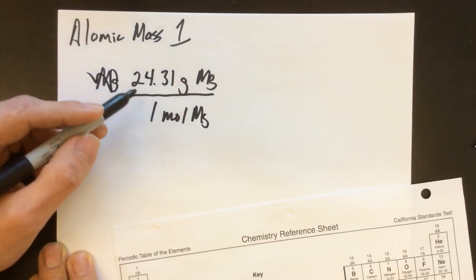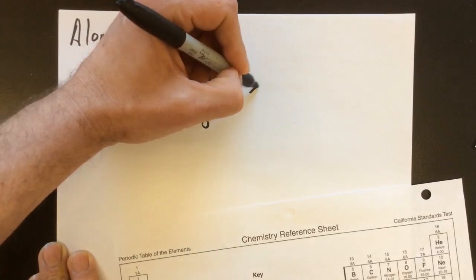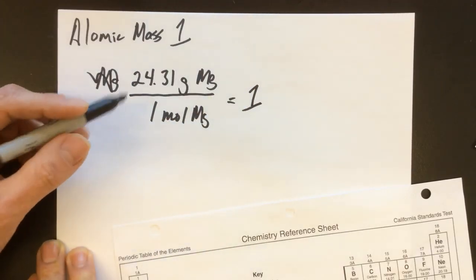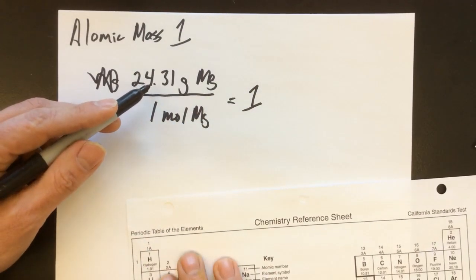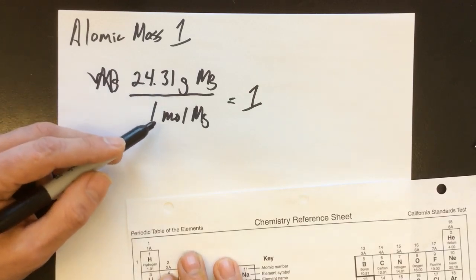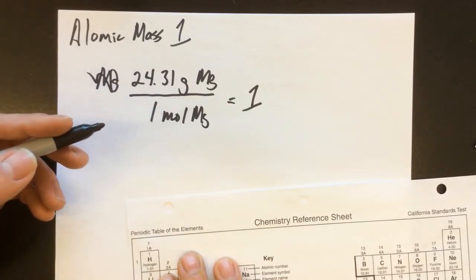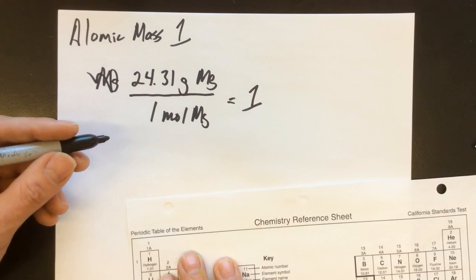So look, this is equal to 1. 24.31 grams of magnesium is 1 mole of magnesium. They're both exactly the same thing. This is equal to 1.